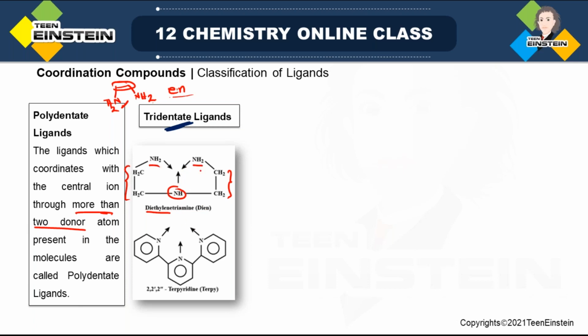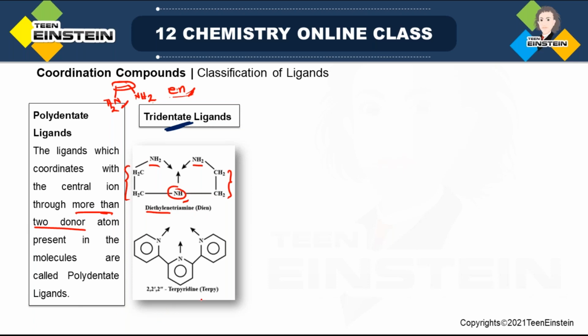So the total number of nitrogen is 3, so the donating sites are 3. Try to understand the name. En is ethylene diamine, but this structure is diethylene triamine because a total of 3 nitrogen groups are there. The NH group in between is a secondary amine, and the terminal two NH2 are primary amines. This molecule, in short, is dien.